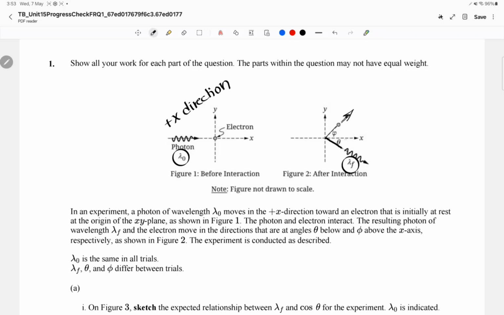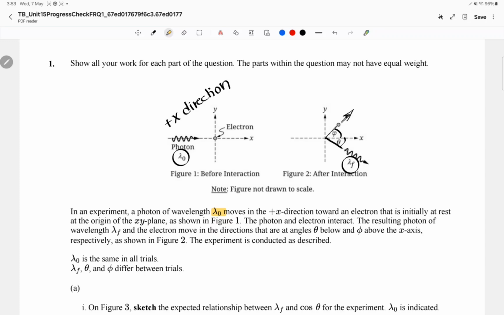Now, the angle of the divergence of the photon from its original path is called theta, but the angle of divergence of the electron from the origin point is this symbol, which is psi. Okay. In an experiment, a photon of wavelength lambda O moves in the positive x direction toward an electron that's initially at rest at the origin of the xy plane.